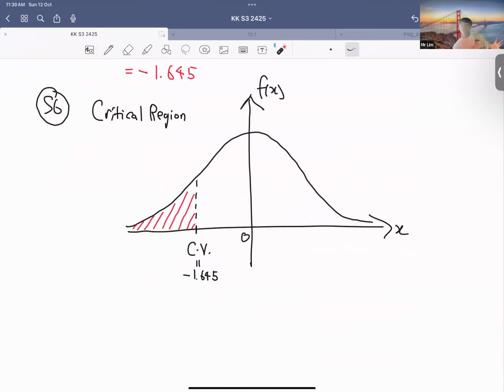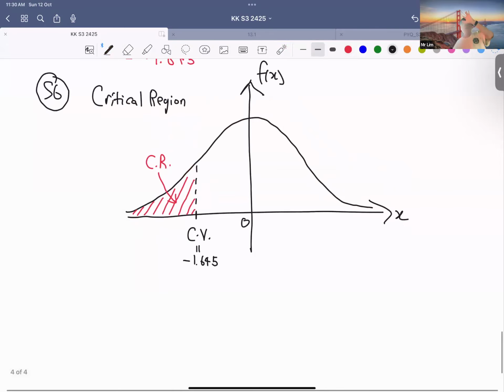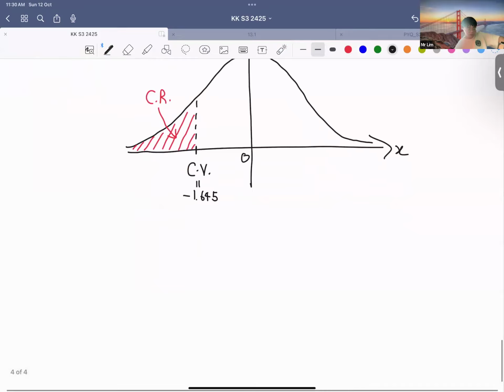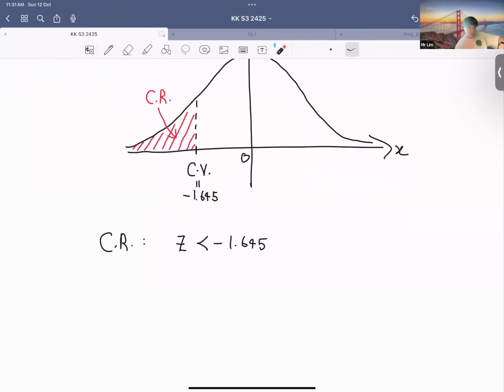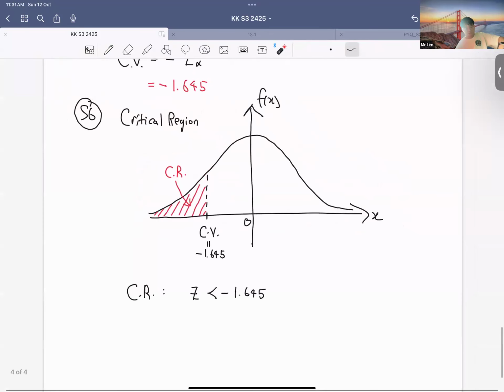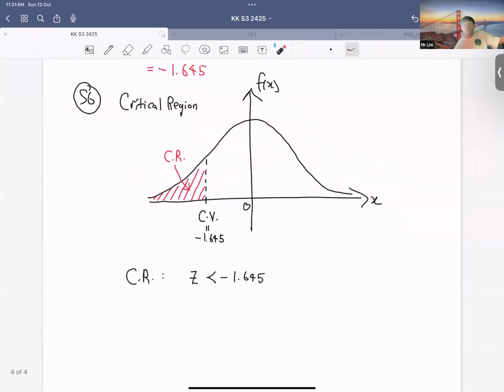But because mine is a left tail test, I'm doing it like this, and label this as my CR, critical region. Most of the time, you don't draw a graph, you just describe only. My CR is all the Z less than negative 1.645, which can be described by this region.